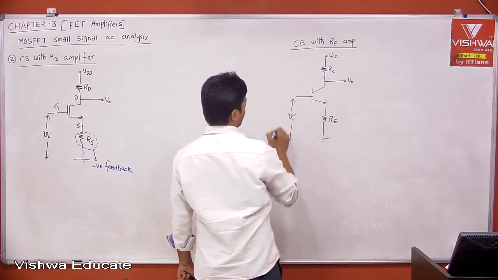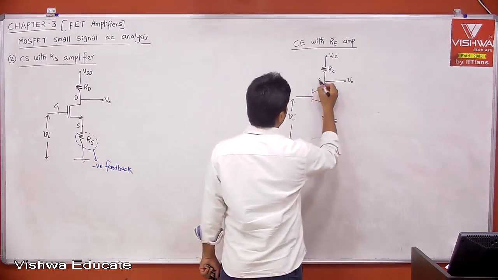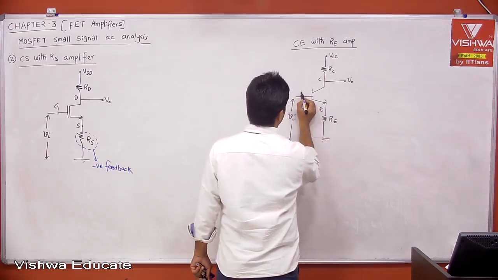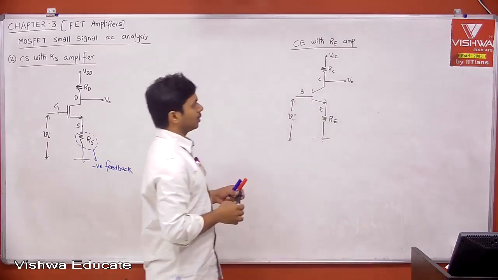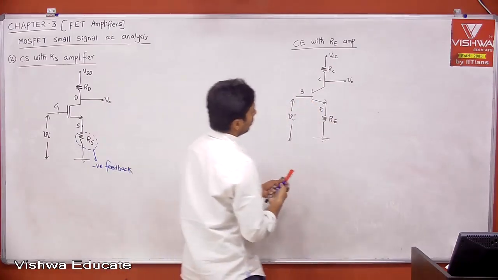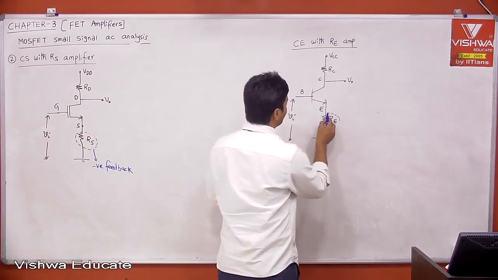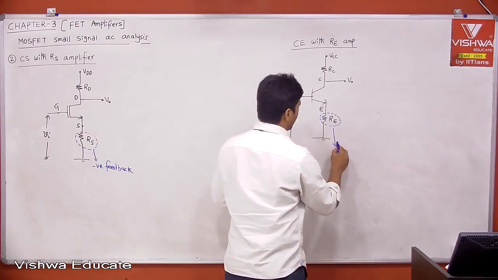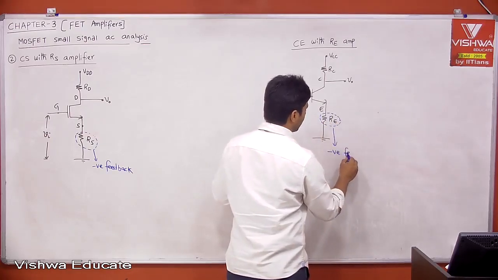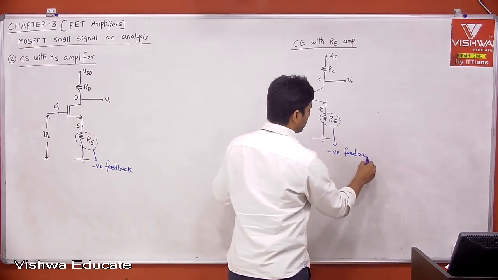I'm not representing VS and RS. Okay, that's fine. This is collector, emitter, base. And we went to CE with RE amplifier to improve your AC gain stability. This is our negative feedback resistor.